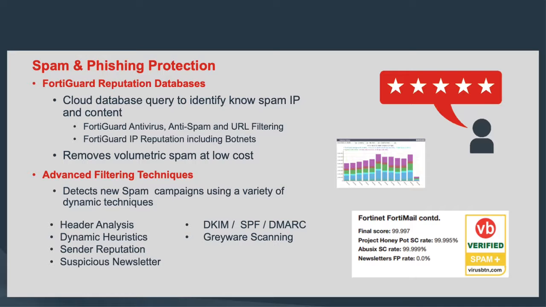We have comprehensive features. We have a good database for threats, which is our FortiGuard. There's the reputation database, for example, so we know already the IP addresses that we kind of trust, and we shouldn't waste any time doing any further security analysis. Plus, we have a really good way to recognize spam and phishing mail.